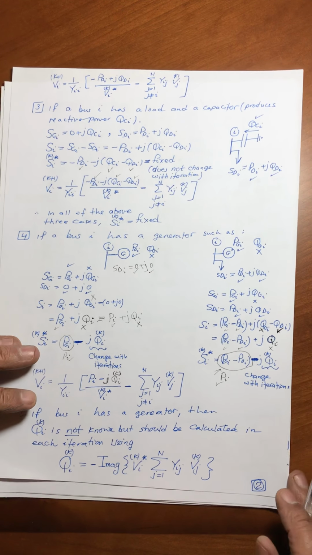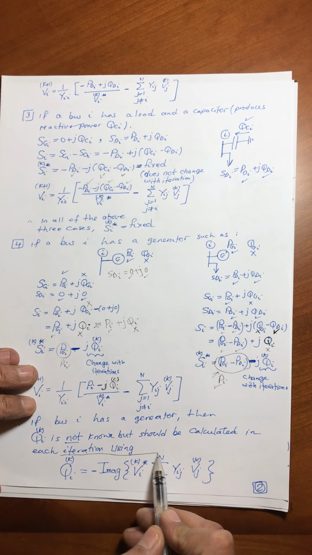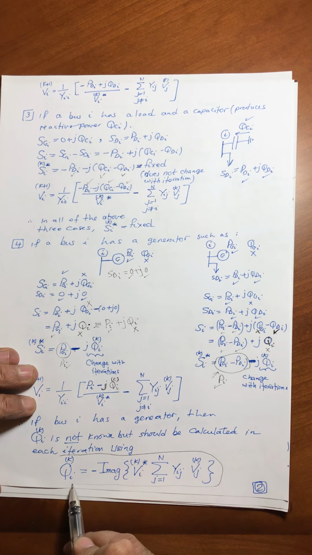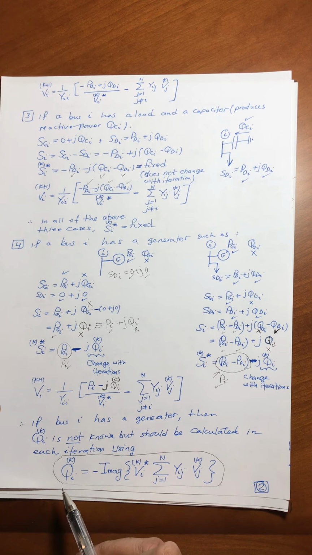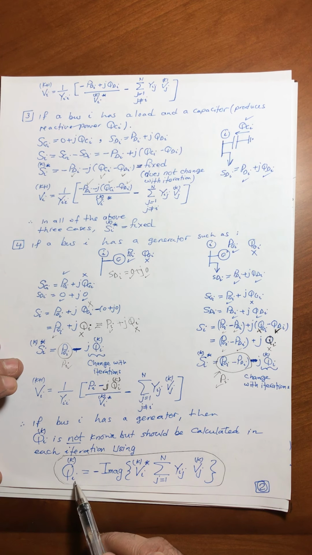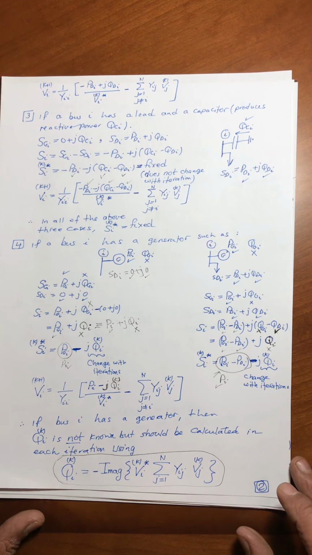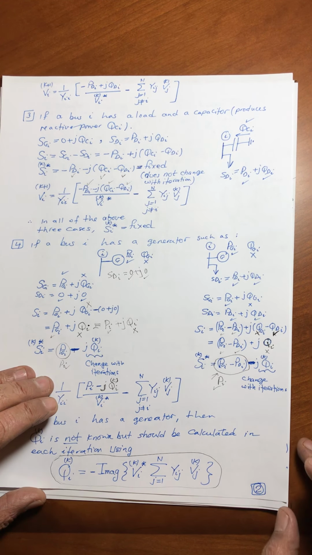So as I mentioned in the class, you have to memorize this equation. This equation should be used to find QI in Gauss-Seidel when bus I is a generator bus. I mean a bus that has at least one generator.